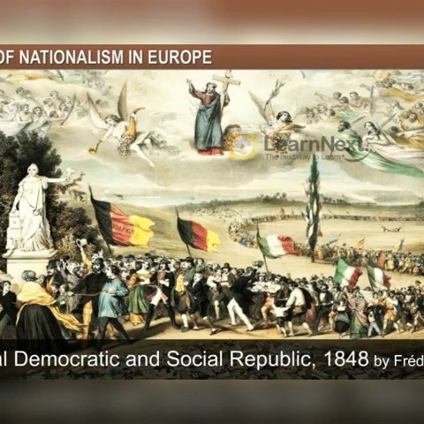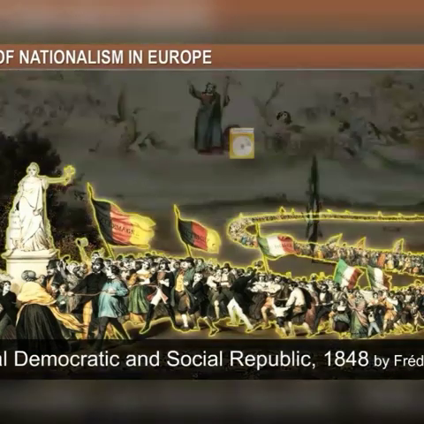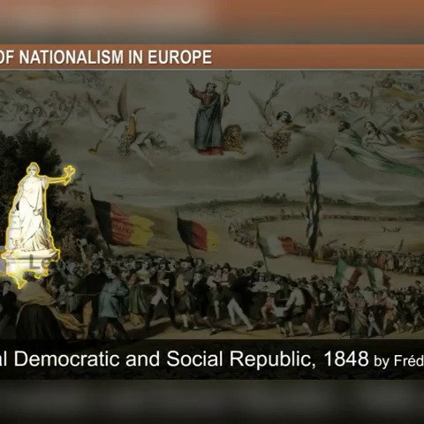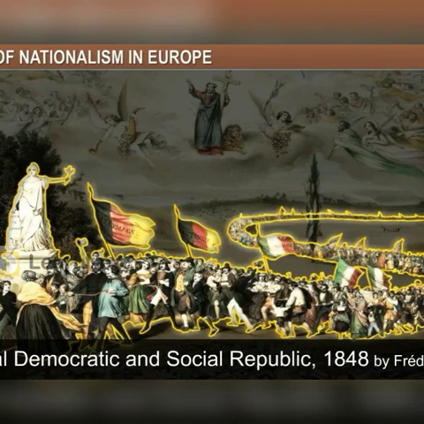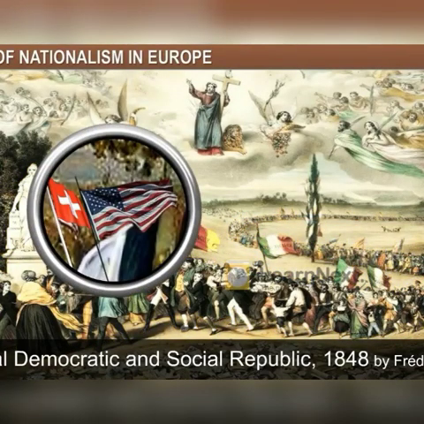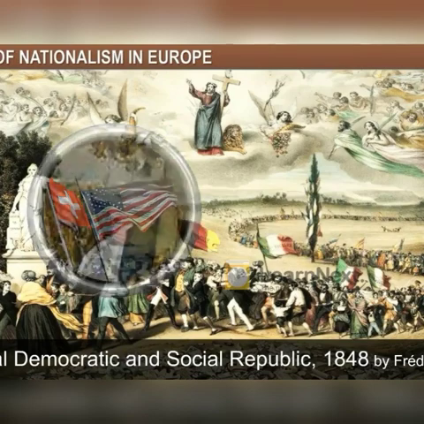If you look carefully, Sorel shows people from different countries and all walks of life marching towards the Statue of Liberty, each of them wearing their national costume and carrying revolutionary flags. The countries leading the procession are the United States and Switzerland.